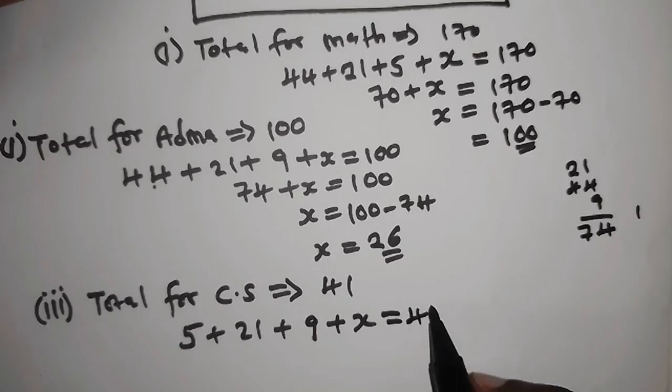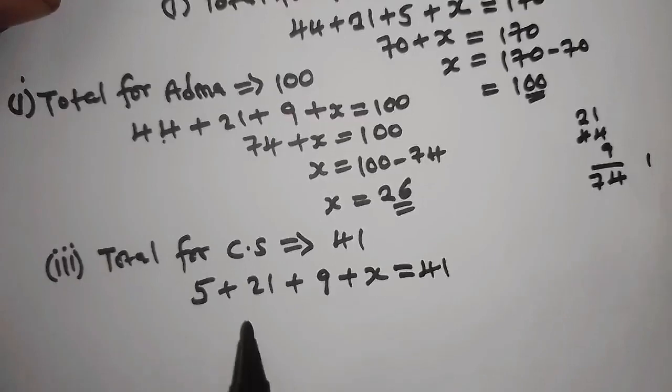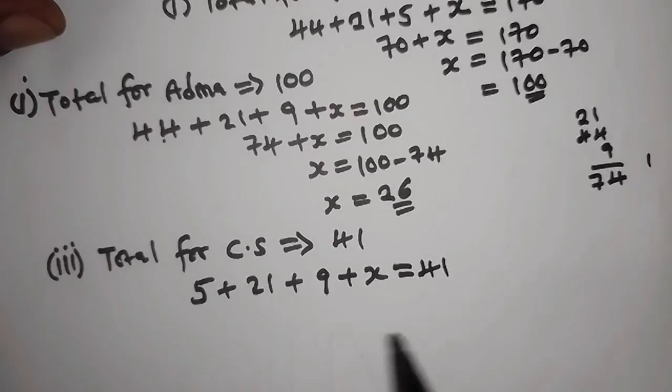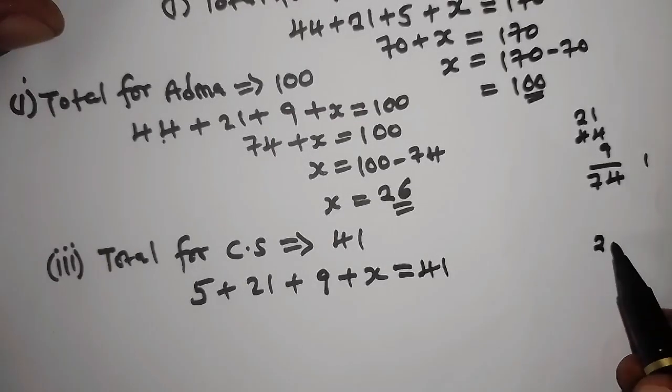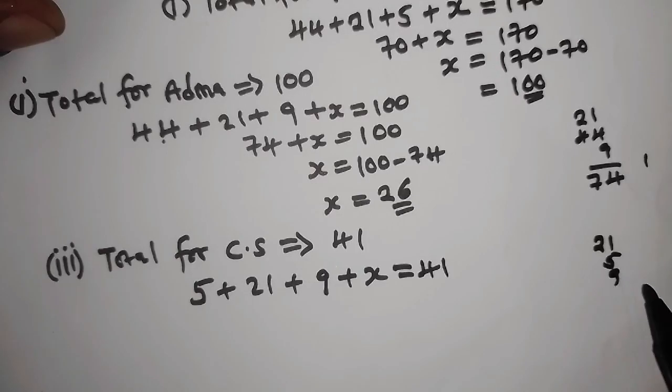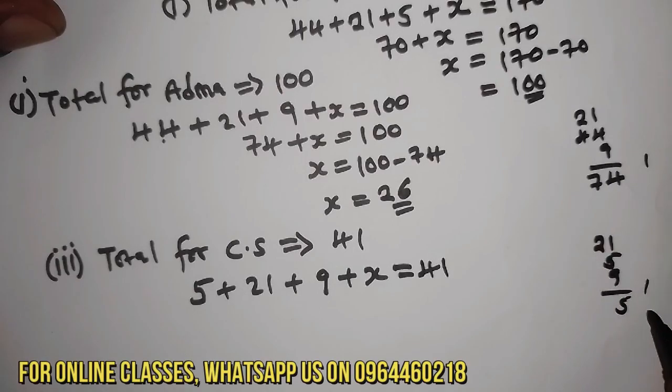So it's going to give us this. So this one is 26, 21 plus 5 plus 9. So this is 14, 15.